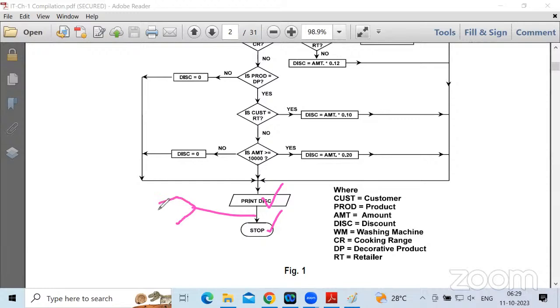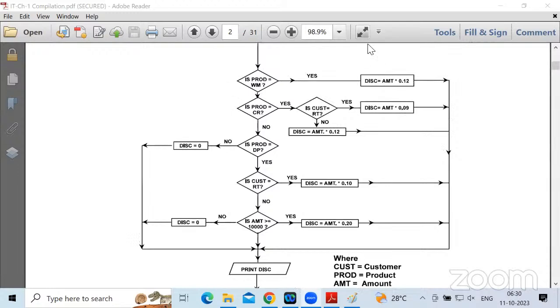What is the verification? Verify or check whether it is the last record. So record is equal to last. Suppose they have given 500 records or 300 records, then you ask the question whether the record number is 300. So there can be yes or no. If it is yes, then you can go to the stop. If it is no, you can again go to the input area.